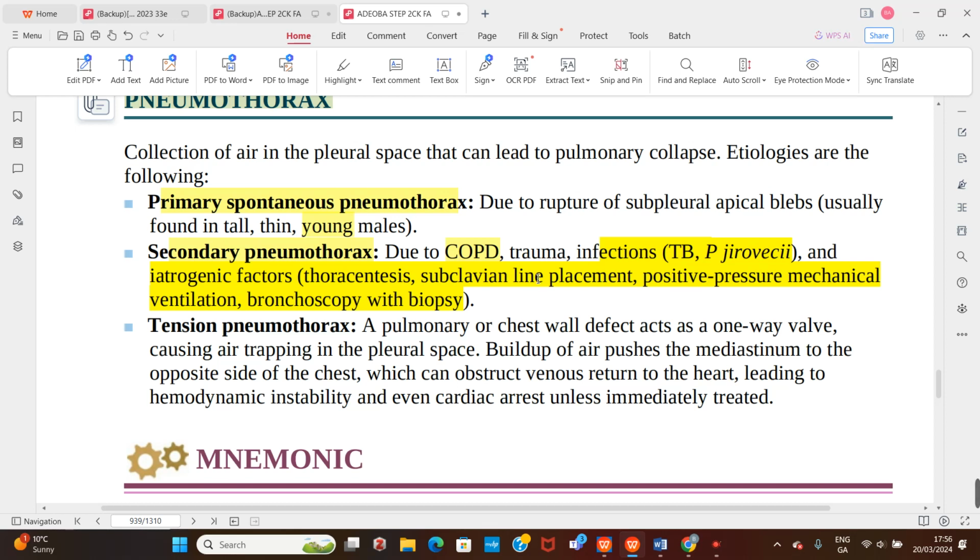Somebody trying to do diagnostic thoracocentesis from outside, you can puncture the parietal pleura too, mistakenly, and air can also track into the pleural cavity.